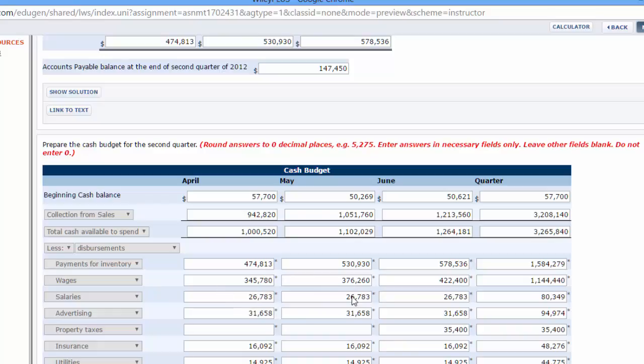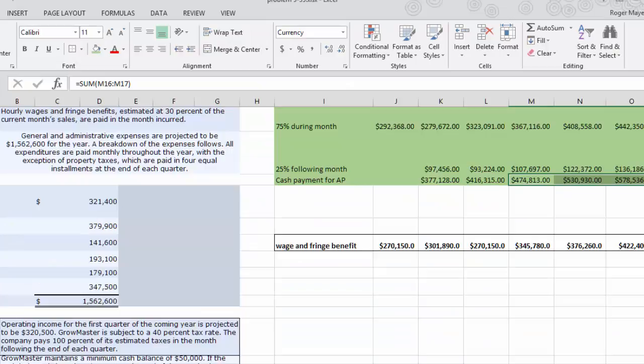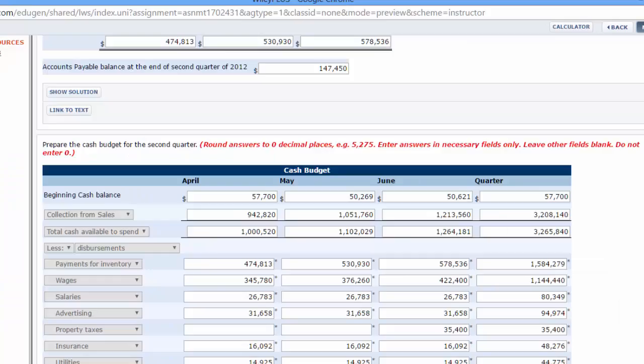Then we have the salaries. If we look at our salaries number here, we can assume salaries are $321,400, and that those are distributed evenly throughout the year. So $321,400 is going to be divided by 12. It's going to be the salaries that we see right here. Advertising, same thing here.